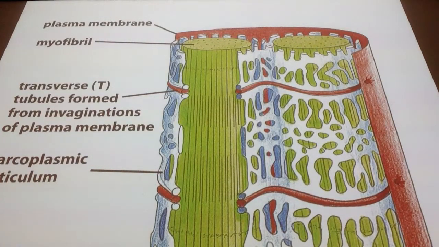Yes, ma'am? If the DHP is not connected to an ion channel in the skeletal muscle, what is its function? It allows the action potential to move into the sarcoplasmic reticulum.